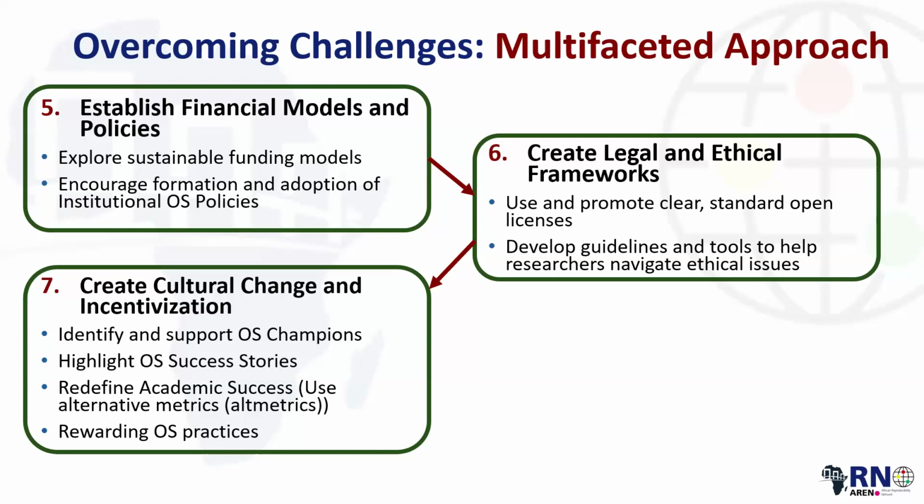If not, they will stick to the old ways of doing things. And doing this will also ensure that people that engage in open science practice, like our trainees, like our community members, are rewarded for their efforts, because it's not easy to be engaged in open science in terms of advocating and then providing training and resources. So there has to be reward measures in place to ensure people are encouraged.